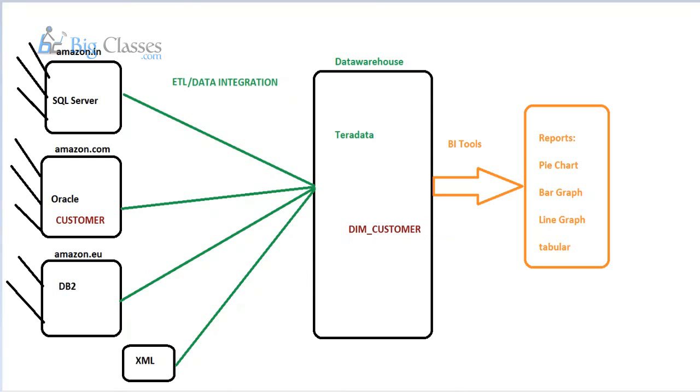The data is integrated by a program or ETL component called P1. Now I want to understand whether it is properly integrating the data or not. So what kind of validations do you do?